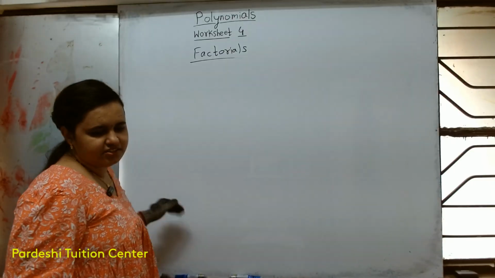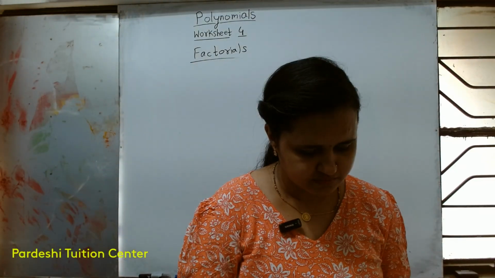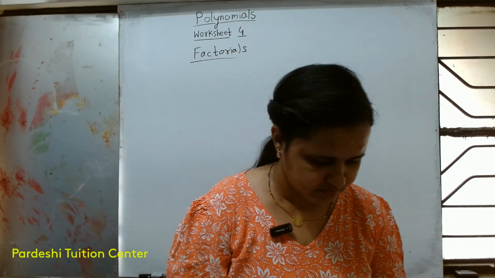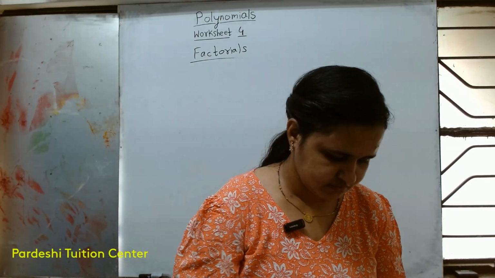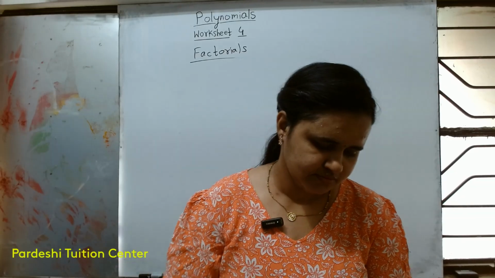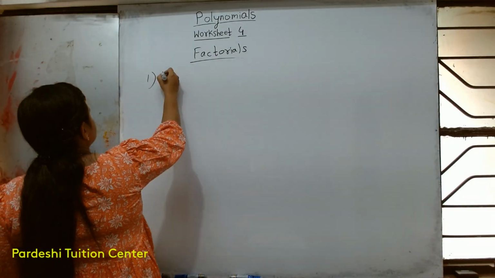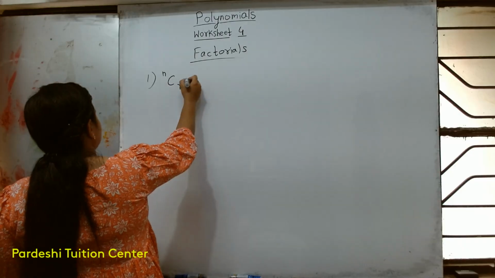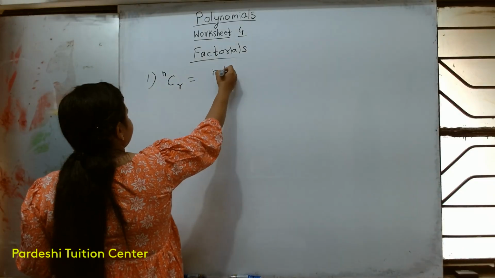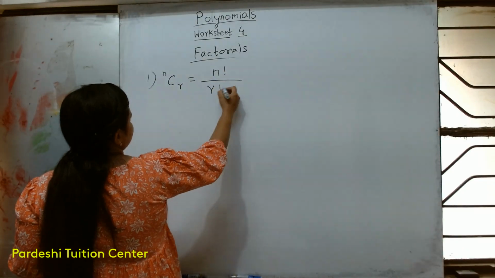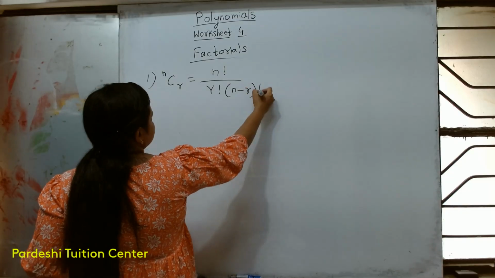Now, we will study some formulas. So, our first formula is nCr equals n factorial upon r factorial into n minus r factorial.